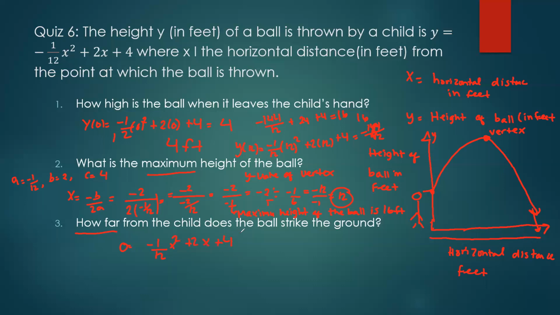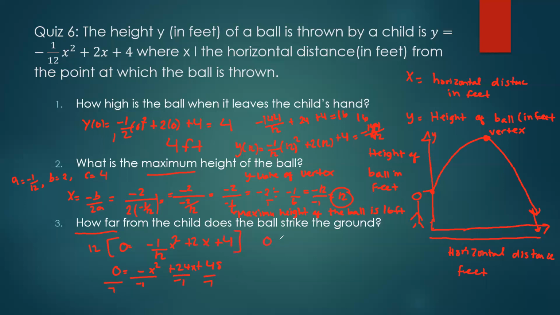If you want, you can get rid of the fraction by multiplying everything by 12 first. So the left side would be 0, and this would be negative x squared plus 24x plus 48. Then you could divide everything by negative 1.